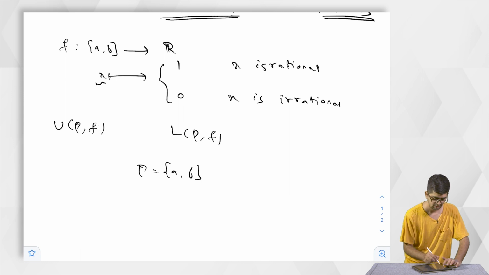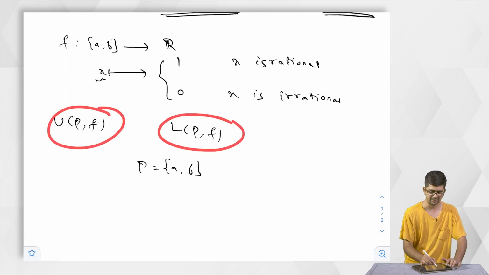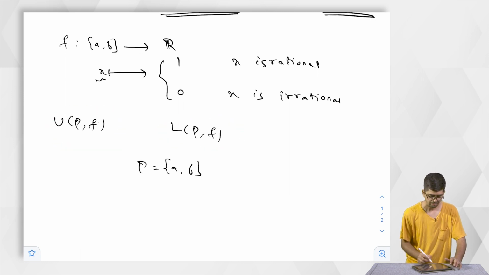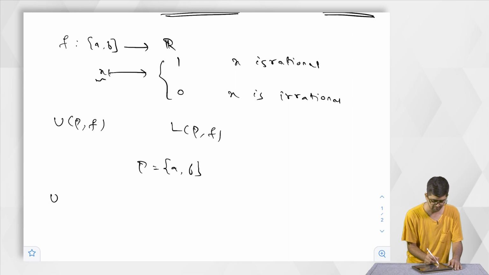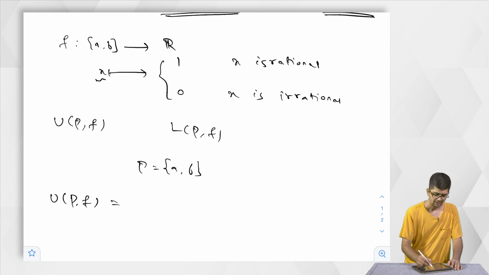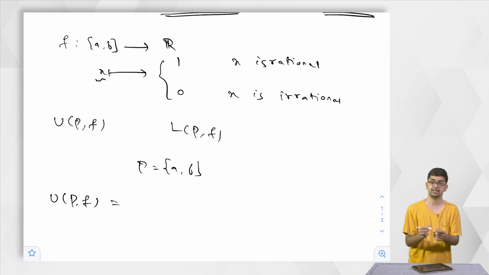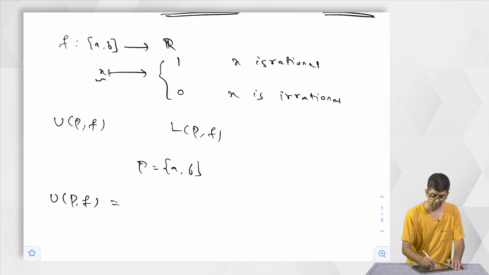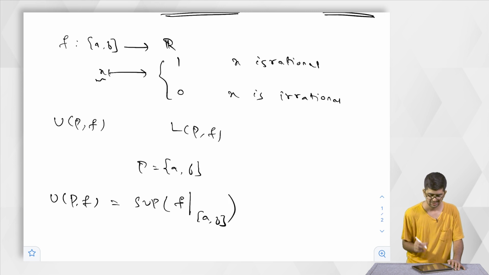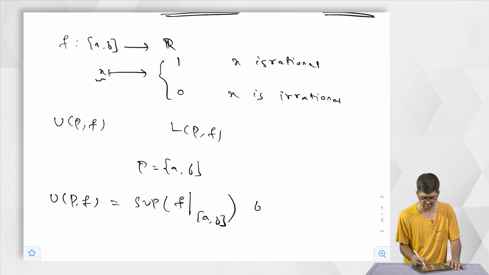Let us compute U(P,f) and L(P,f) for that. So what is U(P,f)? That is equal to, I have to restrict f to this interval, take the supremum of f restricted to [a, b] times the length of this interval. So this is b minus a.